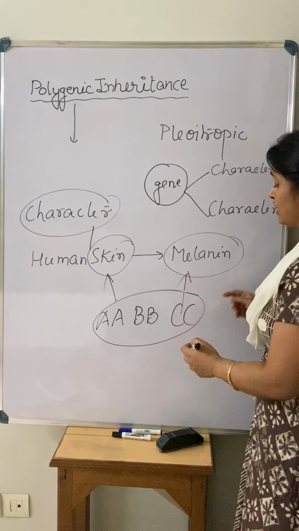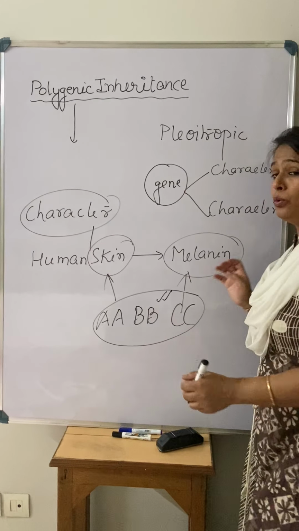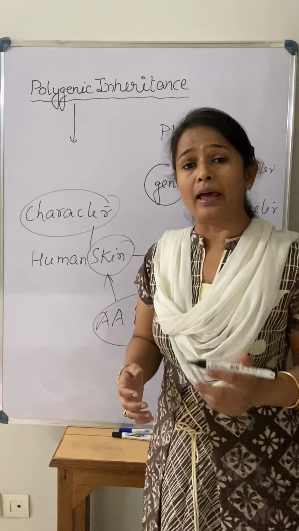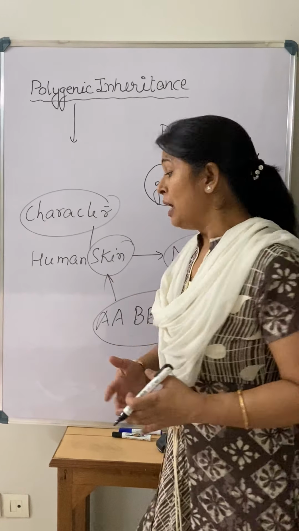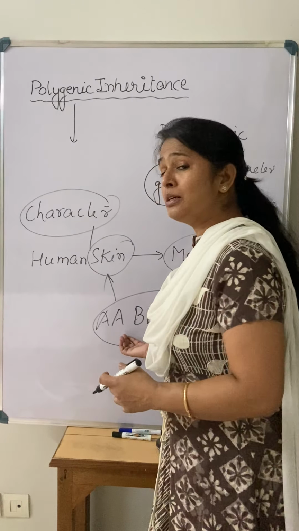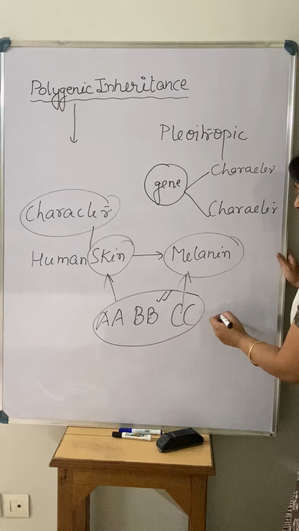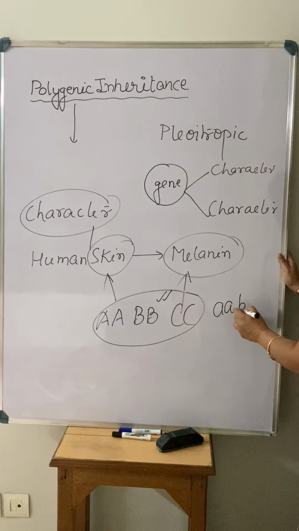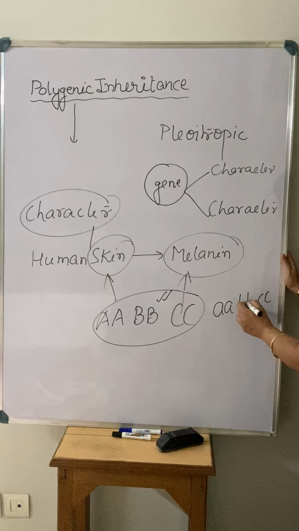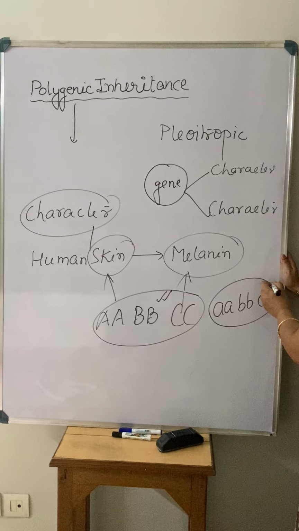If I say these are the three pairs of alleles, and you know very well each character has a contrasting trait, so its contrasting trait is small a, small a, small b, small b, small c, small c. If this allele combination is present in a person, that person has a very light skin color, right?